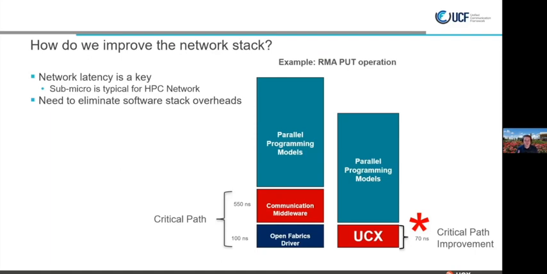For something like OpenMPI or MVAPICH or OpenSHMEM, that middleware can differ depending on who originally implemented that programming language. So the goal is on the right-hand side here to take something like UCX, optimize that latency path, and then also provide some standardized API.